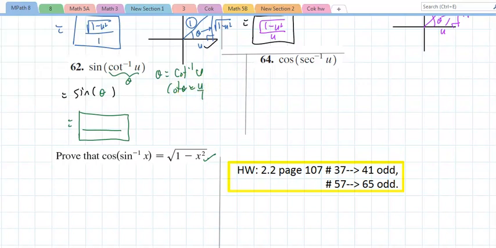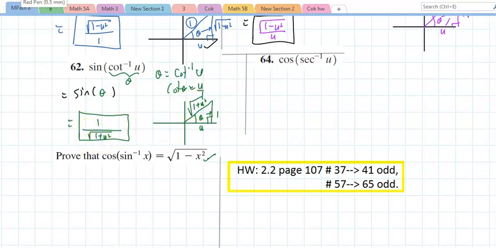And if I draw my triangle, again, all of these variables, the beauty of them, they're all in quadrant 1 because we assume they're always positive. This is the adjacent over the opposite. That makes this the square root of 1 plus u squared. And I want sine, which is the opposite, over the hypotenuse.